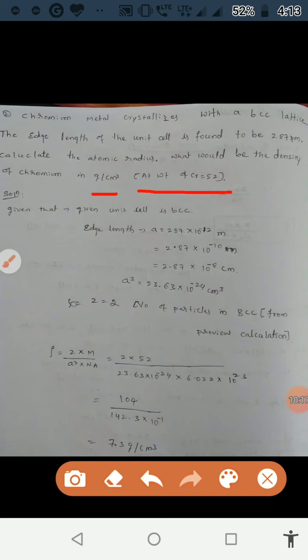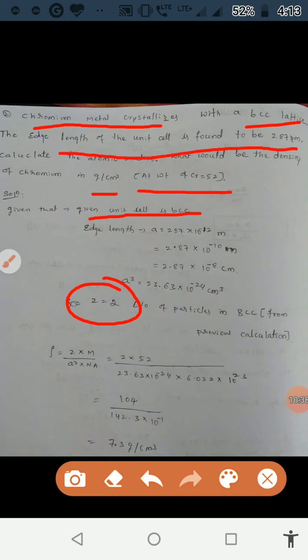Let us write down the given data. They are telling that the chromium metal crystallizes in BCC, therefore the given unit cell is BCC. If the given unit cell is BCC, the value of Z is equal to 2. Then the edge length of the unit cell is found to be 287 picometer.